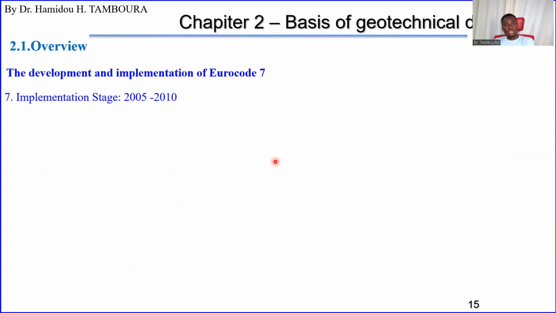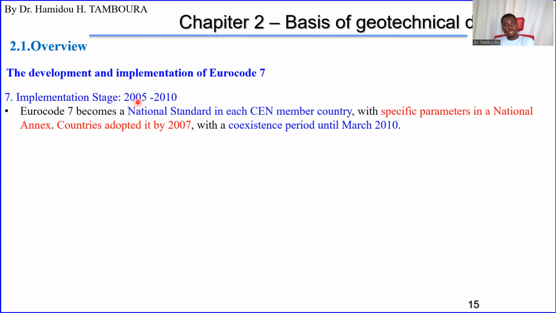About the implementation, which took from 2005 to 2010, Eurocode became a national standard in each country that is a member of CEN, with specific parameters in a national annex.